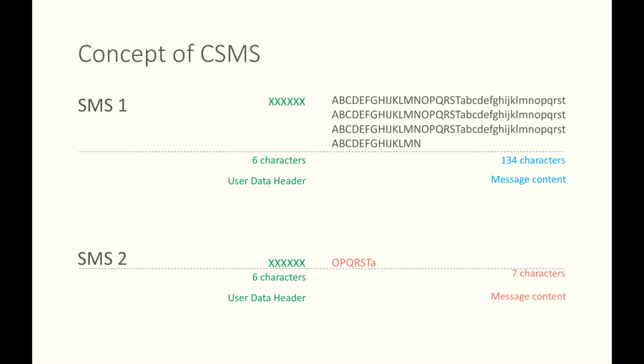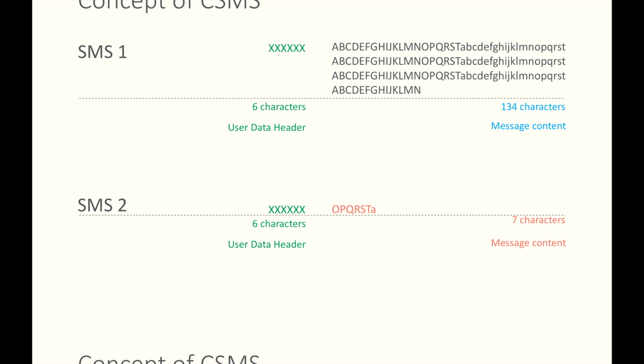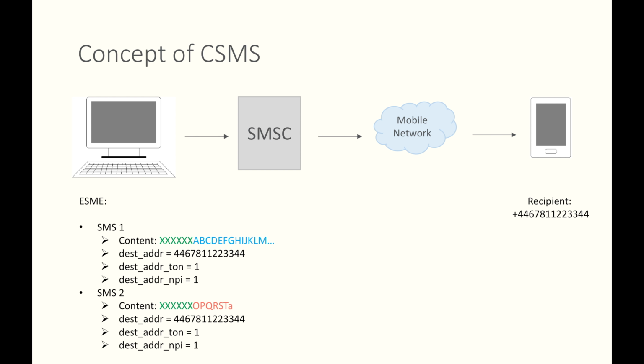In this example, in the second SMS, the first 6 characters also have to be the user data header, and the rest is the message content. These two SMS are intended to be one message originally. But because SMS has its own limitation, one message is split into 2 SMS parts.